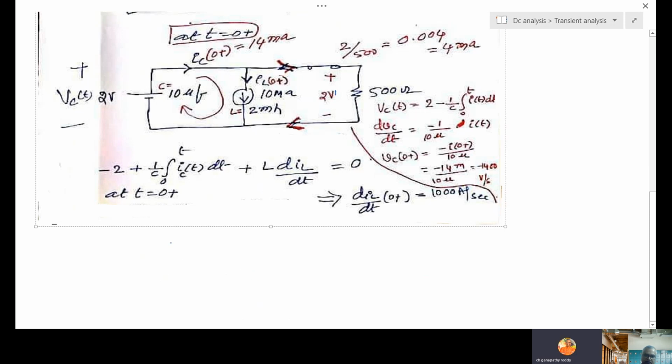The fundamentals here are, for example, there is a capacitor. This is the current flowing in this direction. Now I want the expression for Vc.